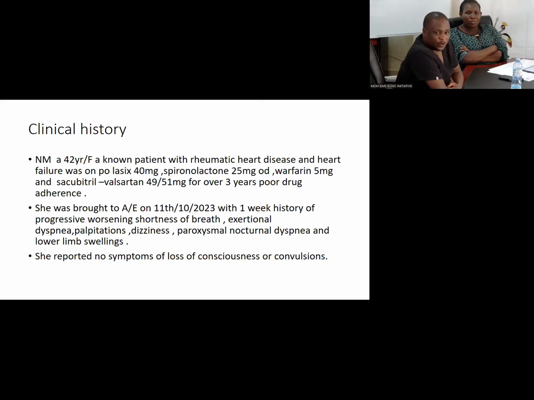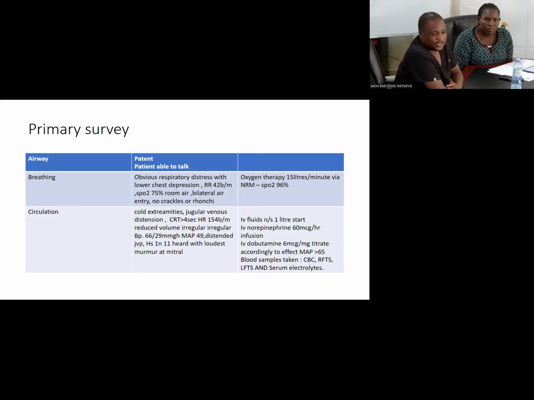She was brought to A&E on 11 October last year with 1 week of progressively worsening shortness of breath, exertional dyspnea, palpitations, general body weakness, orthopnea, and lower limb swelling. However, there was no previous loss of consciousness or any convulsions. The other systems were unremarkable.